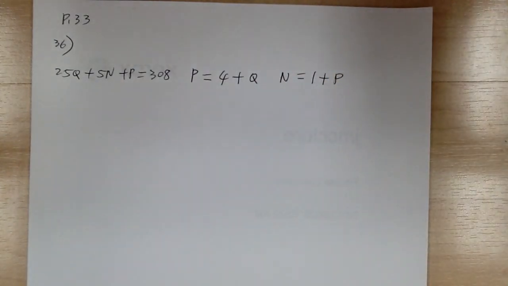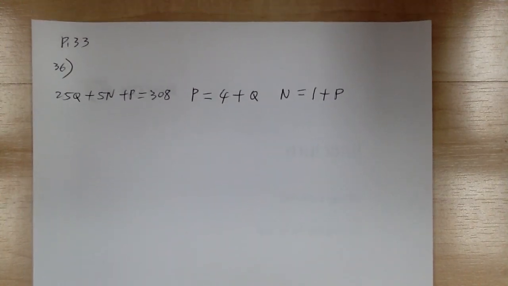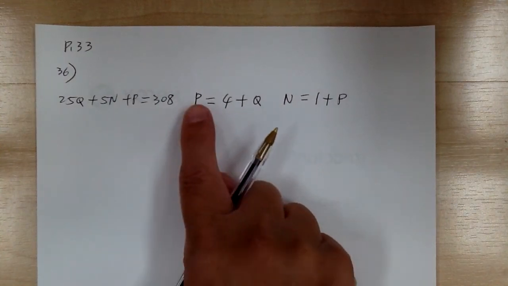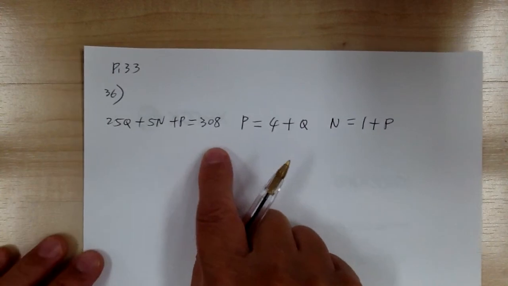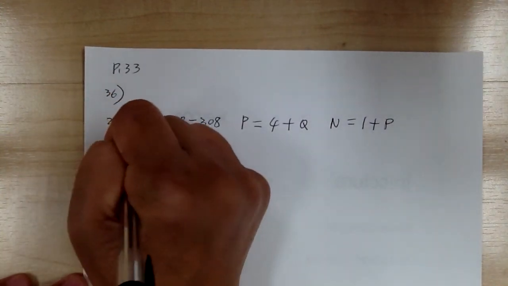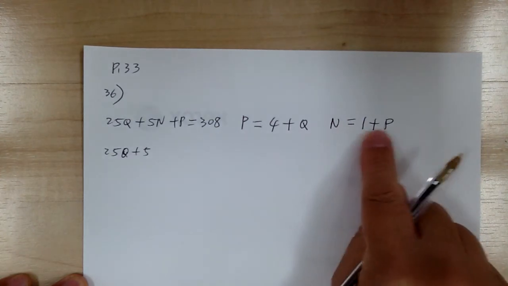Okay, so again, you got 3 equations, 3 unknowns, so you just have to solve. So you just go and do a lot of substitution. First, let's substitute the n in here and p in here. So 25q plus 5 times (1 plus p).